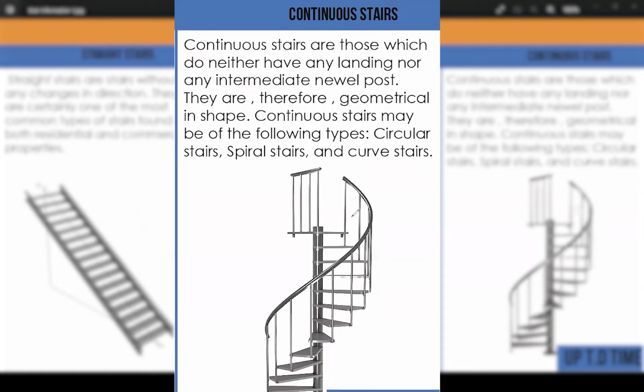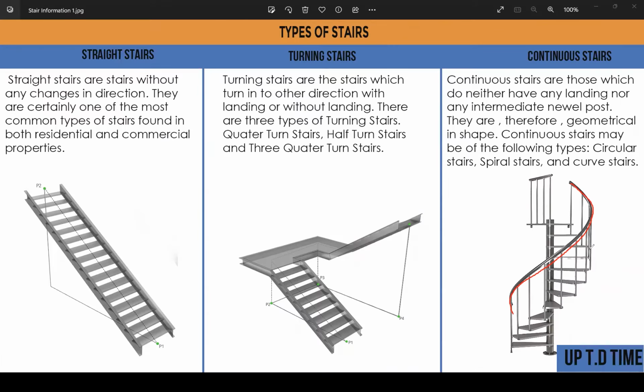One thing we realize here is that this is where it got its name from: the continuous curve in the stairs, as we can see here. So these are the three main types of stairs that we would see in our world.